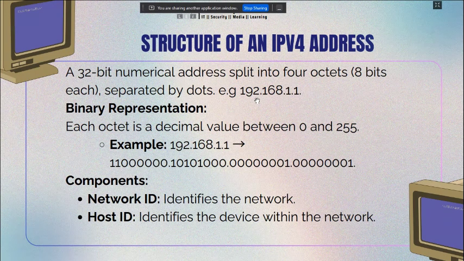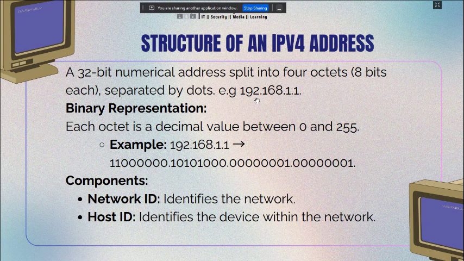That binary number is what the computer really understands. So whenever you input your IP address, the computer will convert it into this before it can read and understand what you are talking about. Each IP address, that's the 4 octets we're talking about, is made up of 2 components.